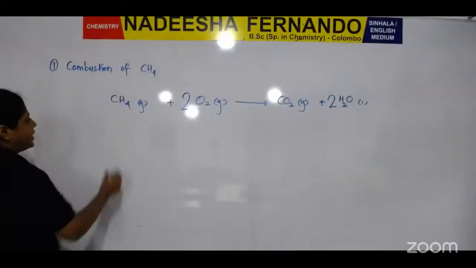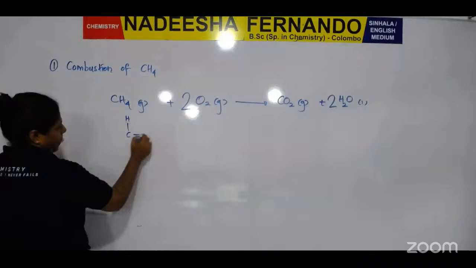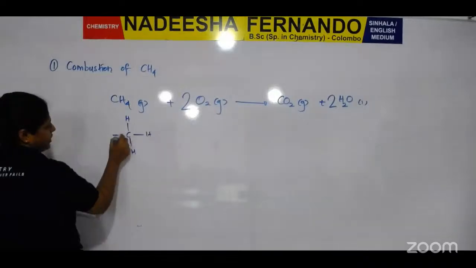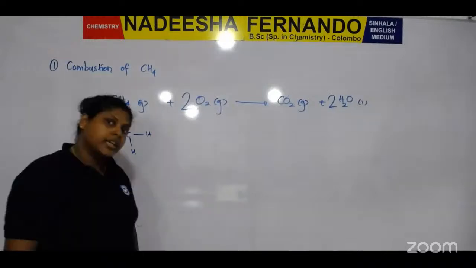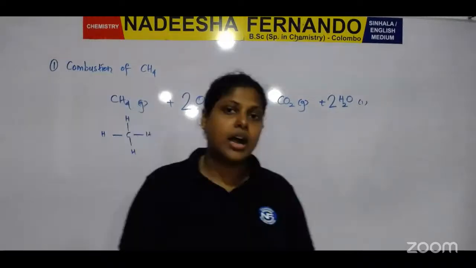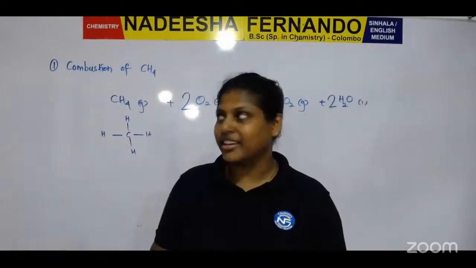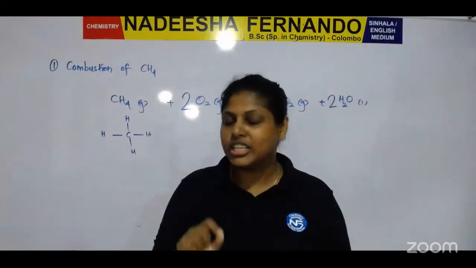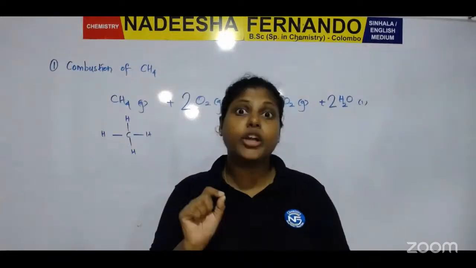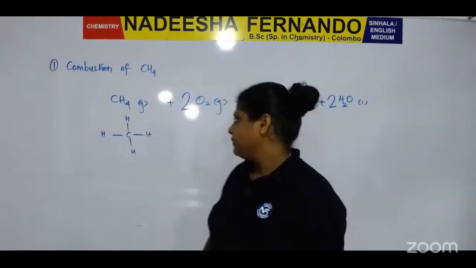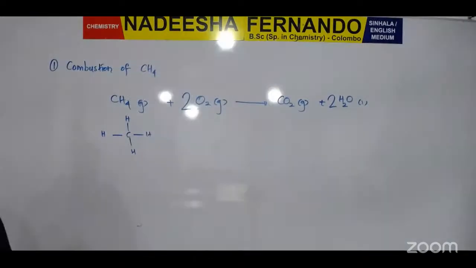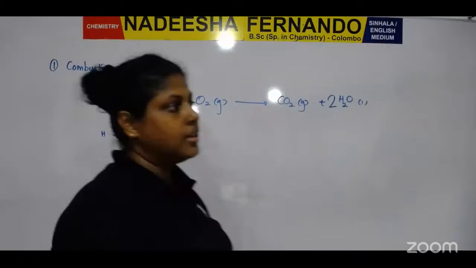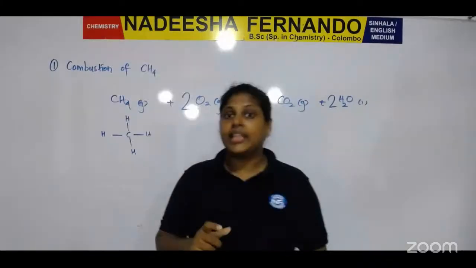Like here, CH4. As I explained last week, electronegativity of hydrogen is 2.1, carbon is 2.5. So carbon has greater electronegativity than hydrogen.